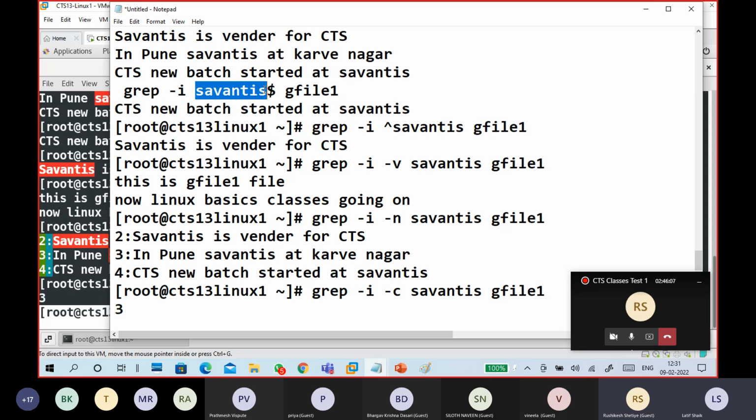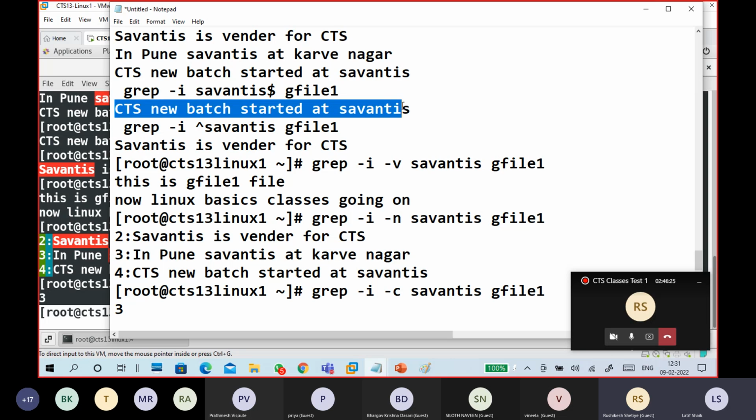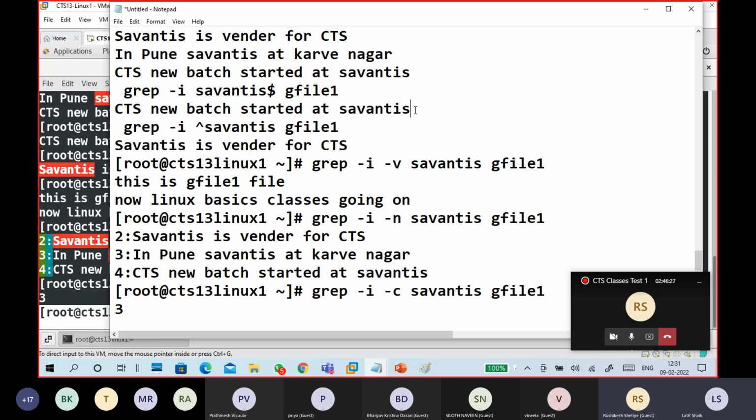If you give a keyword and a dollar after it, it means display the lines that end with the keyword.